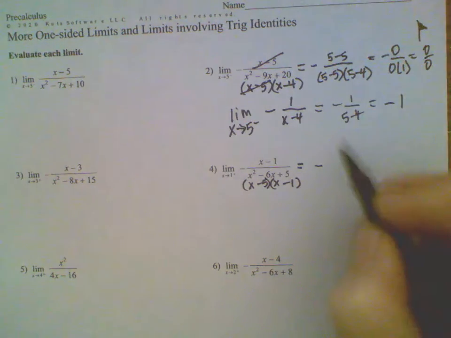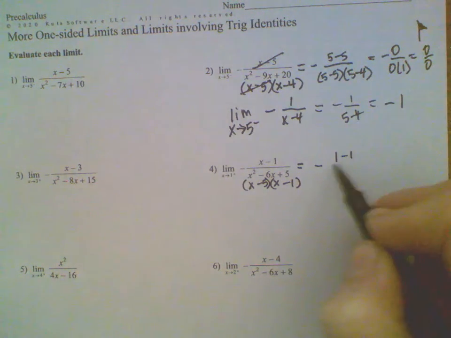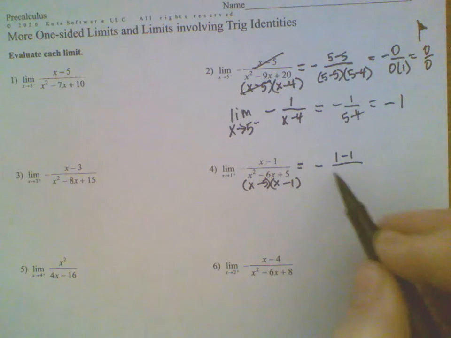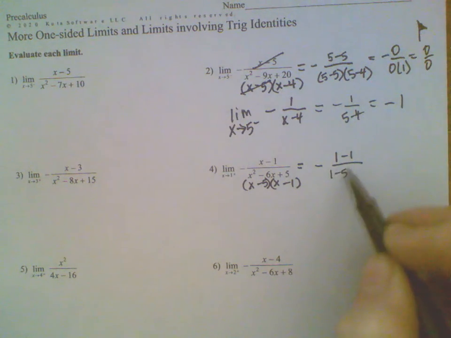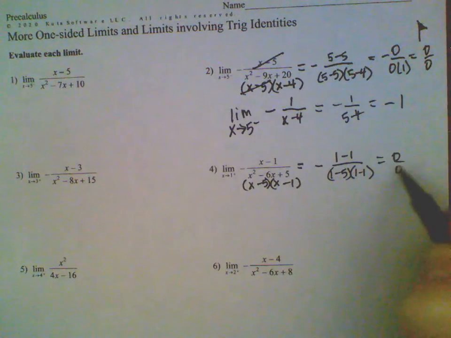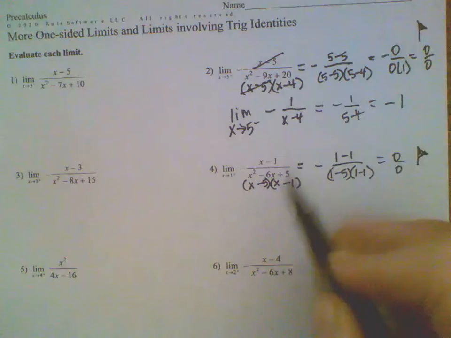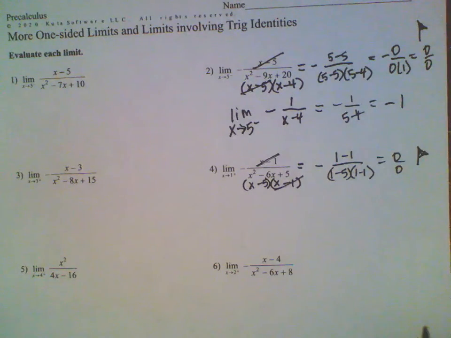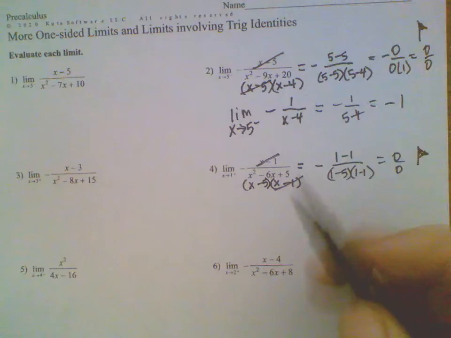But if I don't cancel them out, I get 1 minus 1 on the top, and I get 1 minus 5 and 1 minus 1 on the bottom, which gives me again a 0 over 0, or another red flag. So canceling that out right away is going to be helpful.